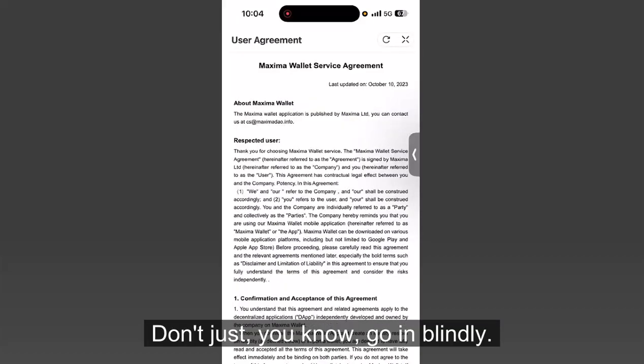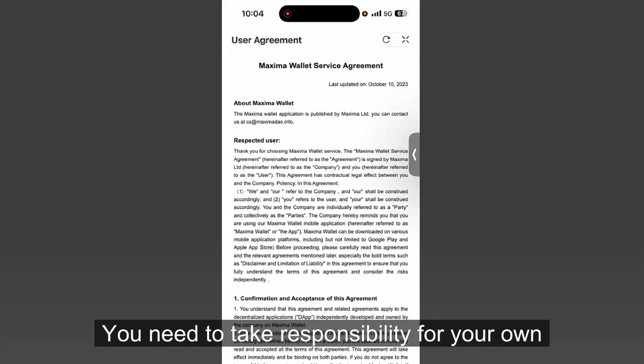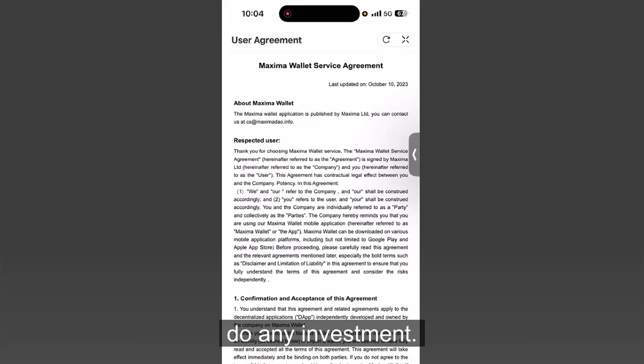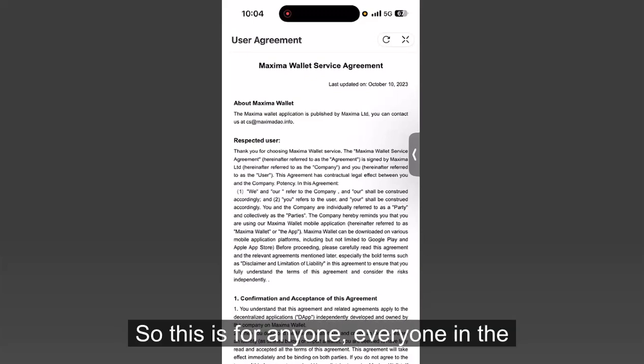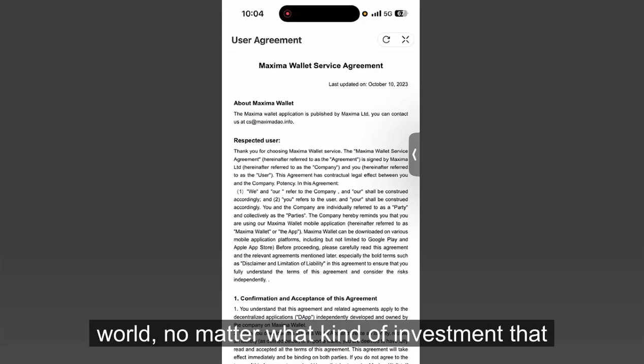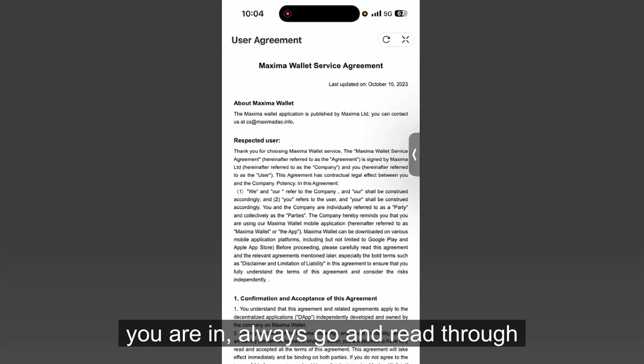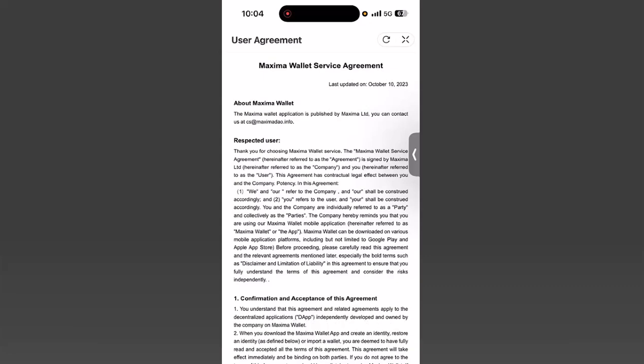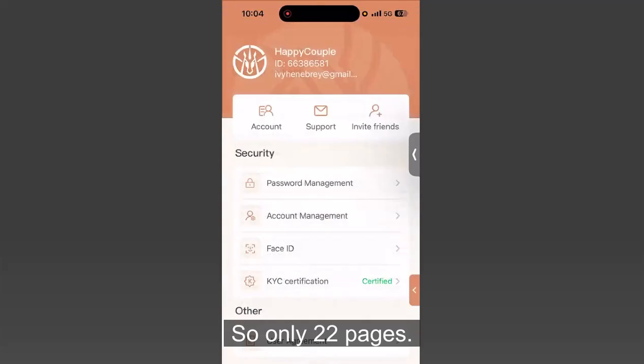Don't just go in blindly. You need to take responsibility for your own money that comes out of your pocket to do any investment. Okay, so this is for everyone in the world. No matter what kind of investment you are in, always go and read through the rules and regulations before you really start the trading. All right, cool. So only 22 pages, no problem, very easy to understand.